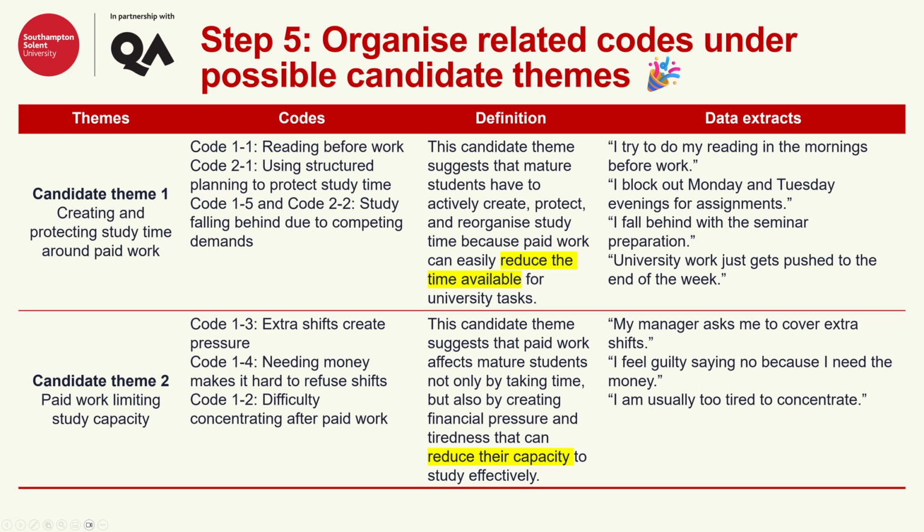What connects them is their combined effect on the student's capacity to study. Paid work does not only occupy time, it can also create financial pressure and leave the student with less energy and concentration. The theme definition makes that shared meaning explicit.